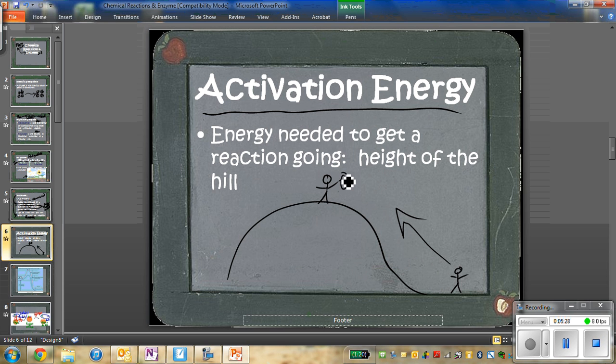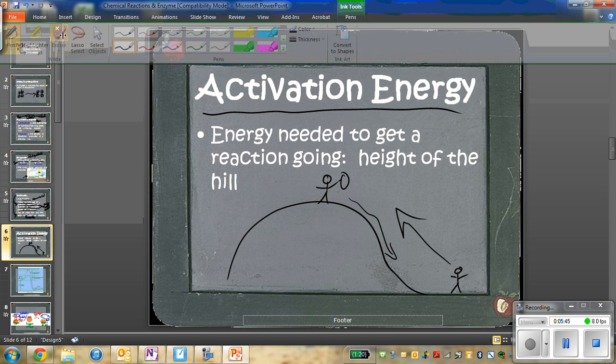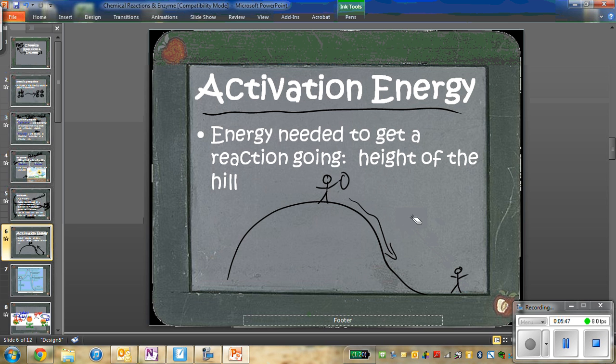Now that you're up there, you can slide all the way back down and have fun and go through the chemical reaction. The activation energy needed to get up that hill is quite a lot of energy. Now, what an enzyme will do is a bit different. Let's erase this.